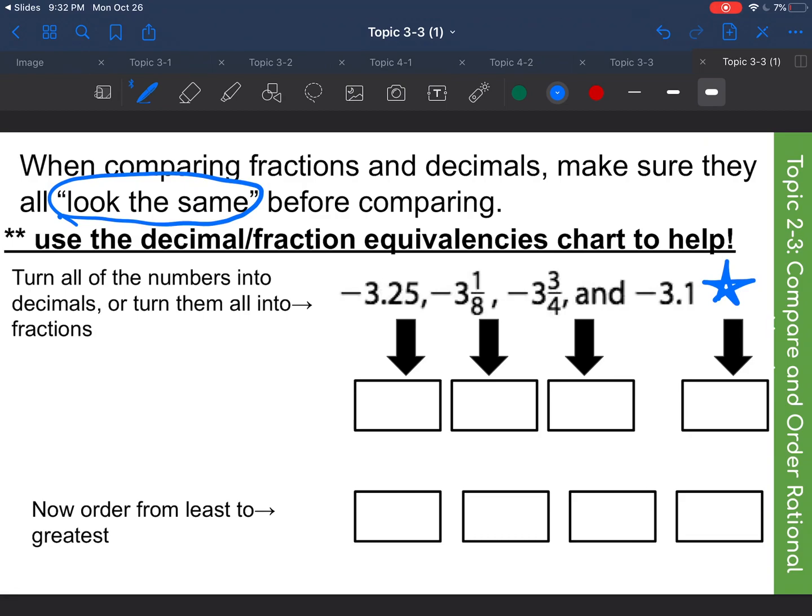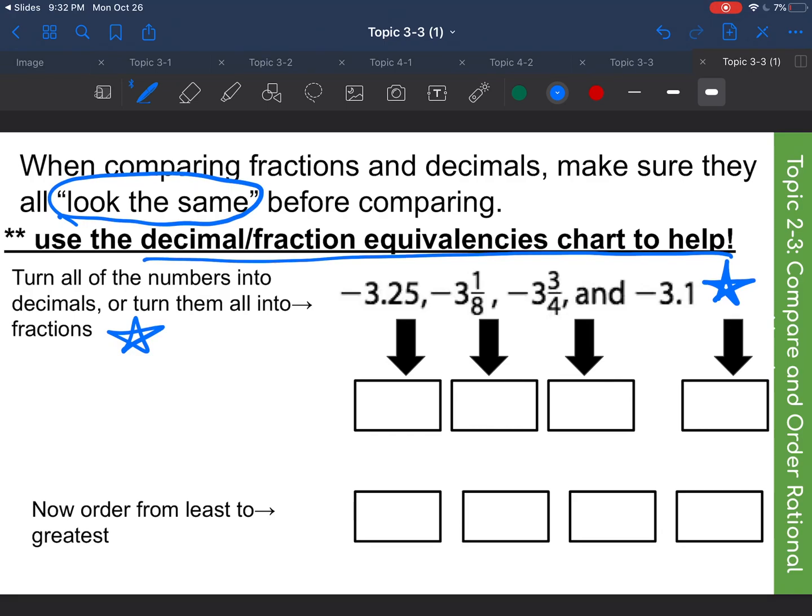You need to make sure all of your numbers are either all fractions or all decimals. Use the decimal fraction equivalencies chart to help. The first thing you're going to do is turn all the numbers into decimals or turn them all into fractions.